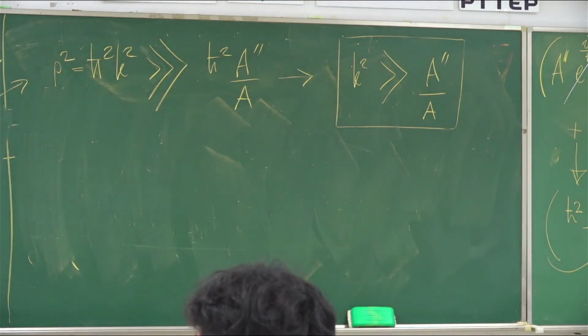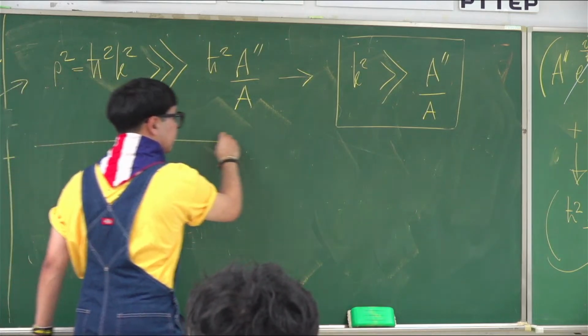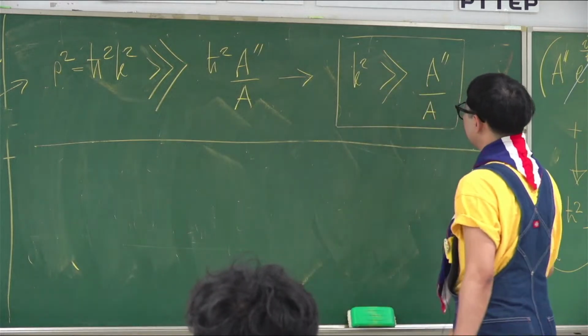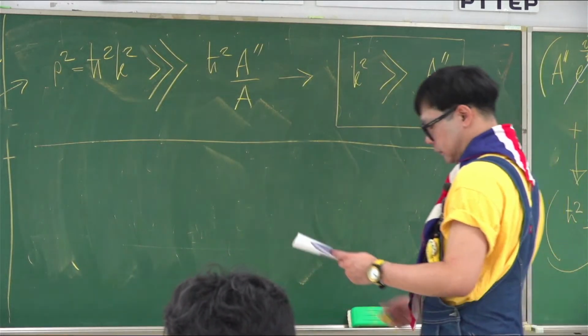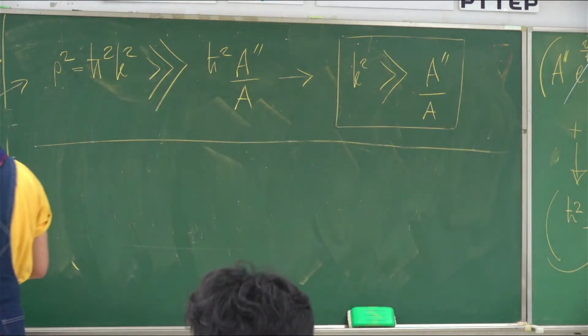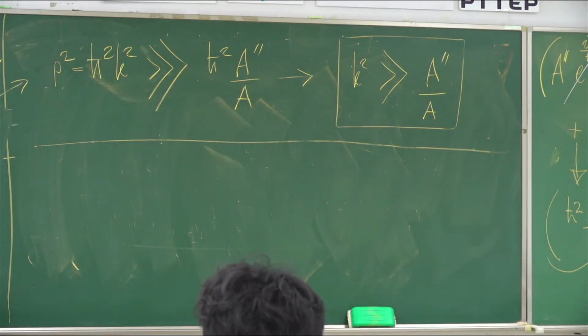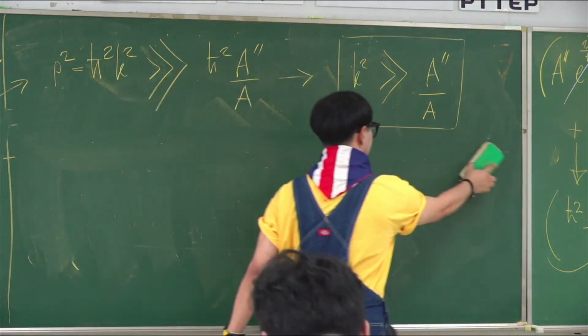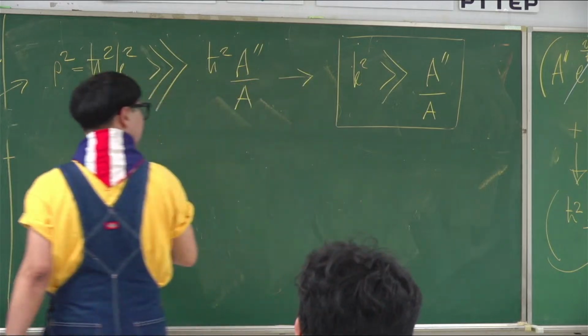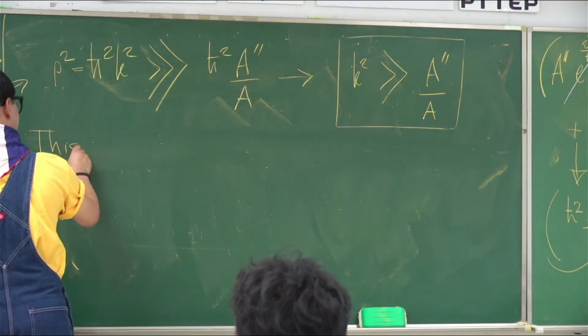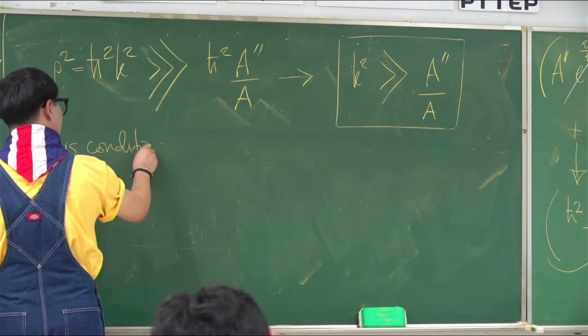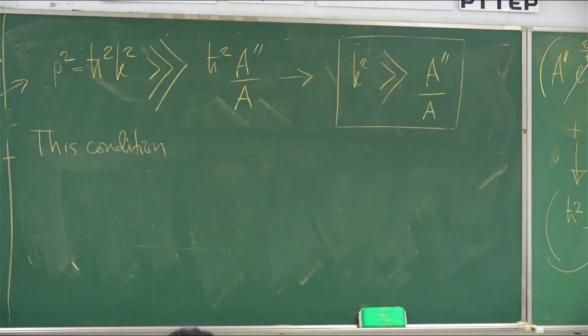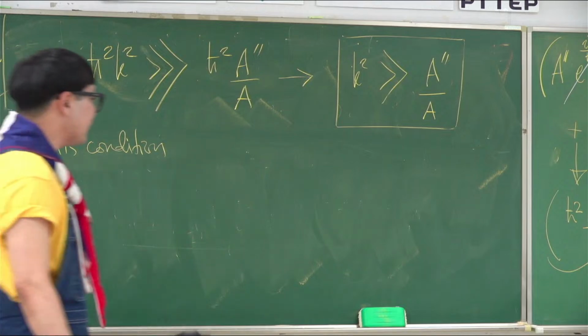Next, we're going to look at this. Okay, so we have this kind of condition now, right? Now, let me explain. So this condition, can you speculate what is the meaning of this condition here?